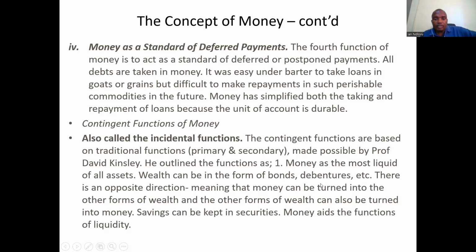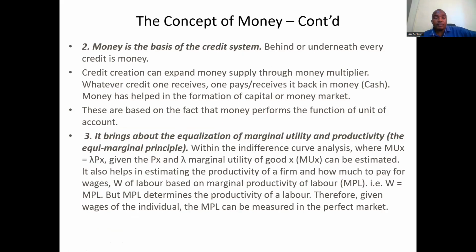So, wealth can be in terms of financial instruments such as your bonds, debentures, derivatives, and so on. So money facilitates trade in these financial instruments because it introduces liquidity into the money markets or even the capital markets.